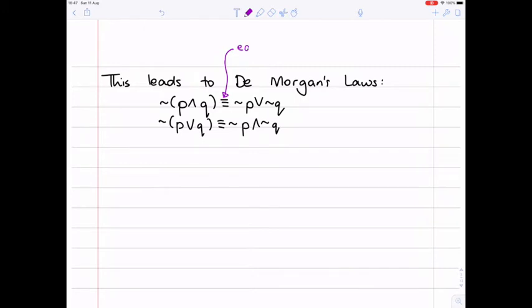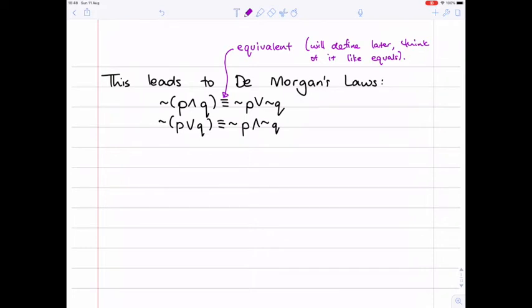This is equivalence, and it works just like equals does in algebra, but we use equivalence in logic, and we will define it a little bit later. For the moment, think of it like equals. We need a couple more definitions before we can actually define it officially.